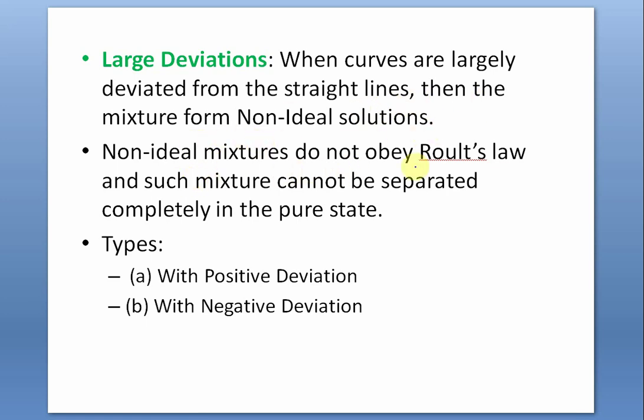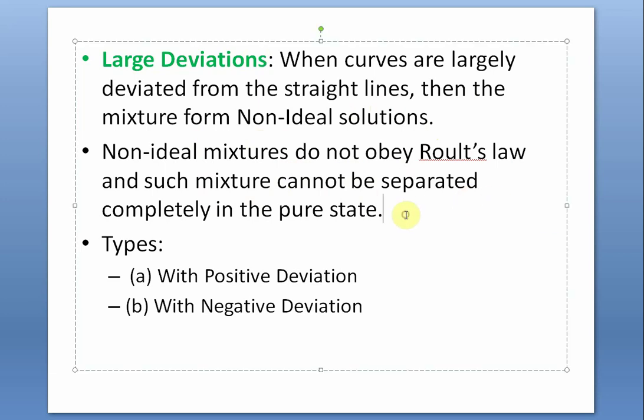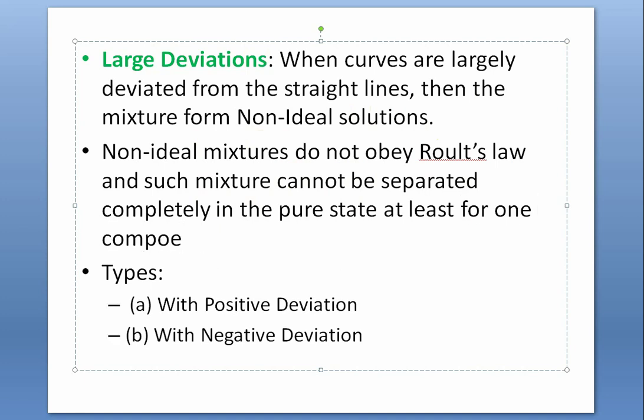Non-ideal mixtures do not obey Raoult's law, and such mixtures cannot be separated completely in the pure state, at least for one component. One component can be separated in the pure state, but the other cannot.